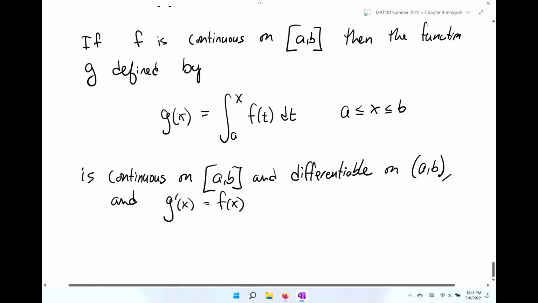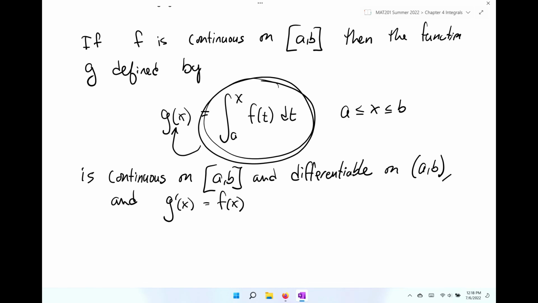If you integrate some function, you're going to get another function such that if you were to take the derivative of that function, you end up getting back the original function. And if you think about it in terms of velocity and displacement, if you integrate velocity, you can find displacement. And if you take displacement and take the derivative, then you can find the velocity.